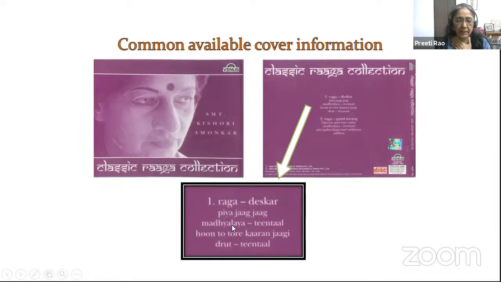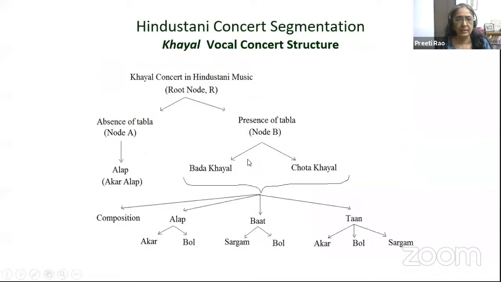It was rendered in Madhyalay, which is telling us something about the tempo, and in Tintal, 16-beat cycle. And then she switched to another bandish in the same raga, of course, which is a Drut bandish, that is a faster tempo in the same tal. Okay, but actually, if you look at a Khayal concert, we have a lot of very rich structure.